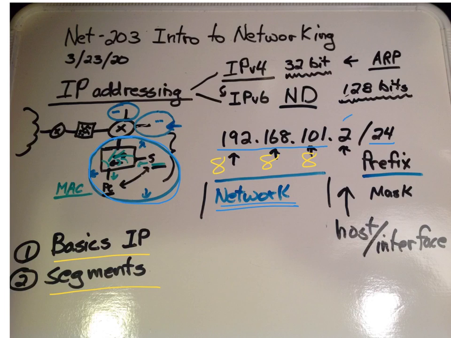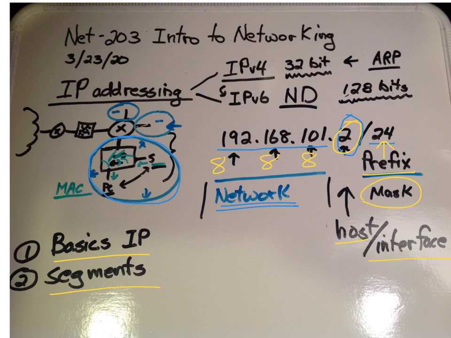And so this part, let's use another color for that, let's go yellow. This part is the host, or sometimes referred to as the interface. Prefix bits, 24, or we could list the mask.